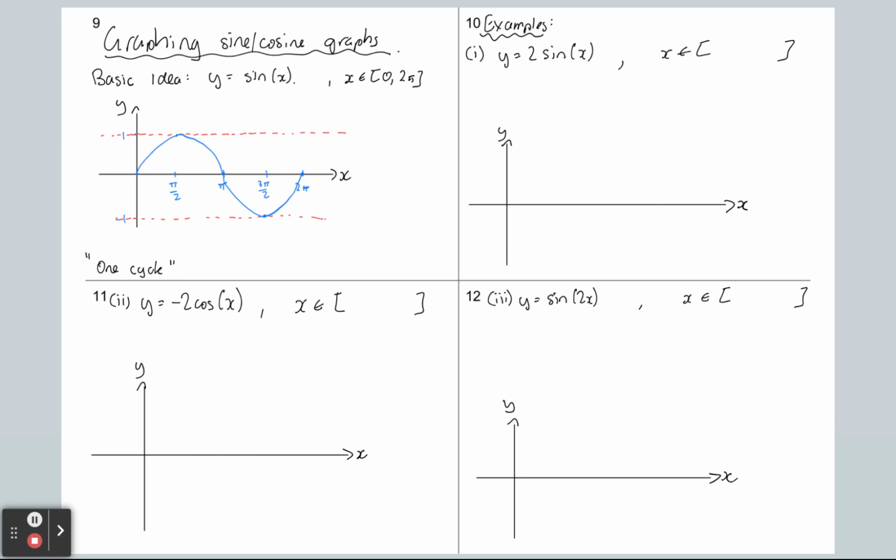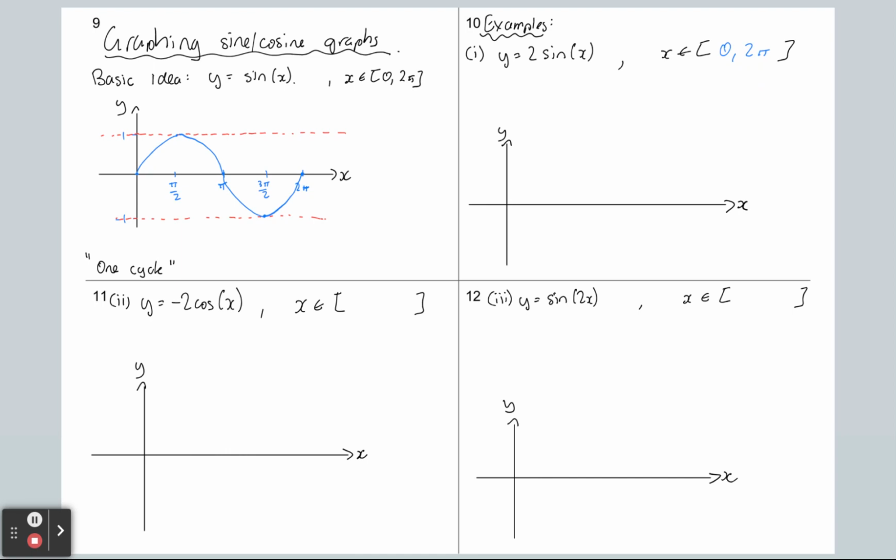So I'm going to choose the easiest option, which is 0 to 2 pi, but I could choose minus pi to pi. I could choose lots of different kinds of periods, but I'm not going to. I'm going to choose 0 to 2 pi because it's probably the easiest, really, if you can.